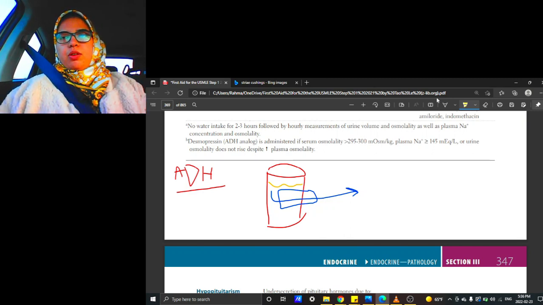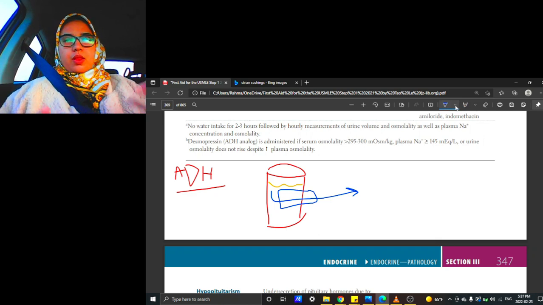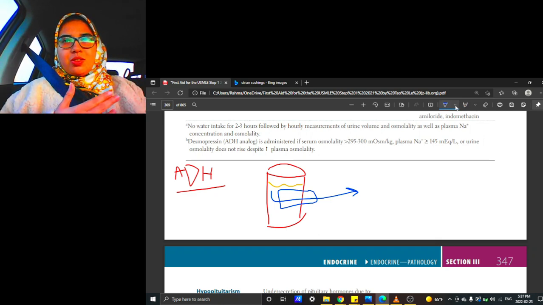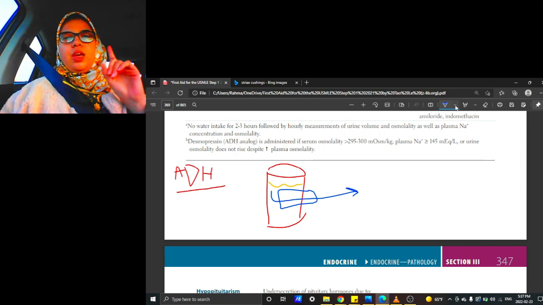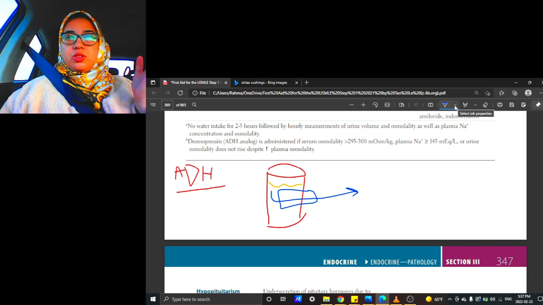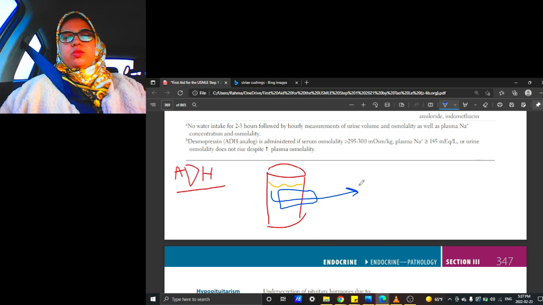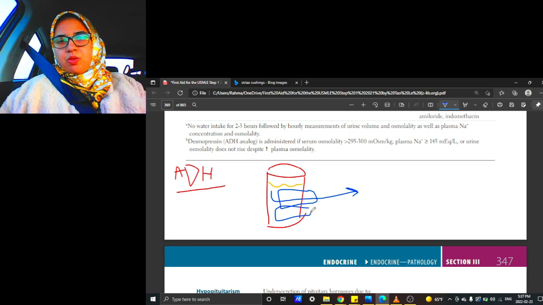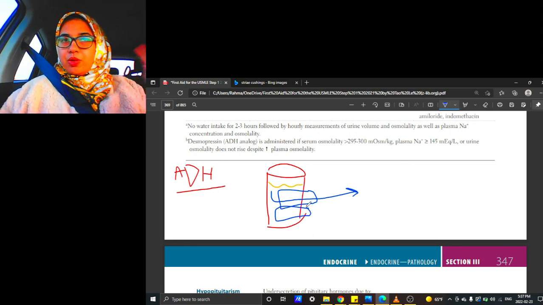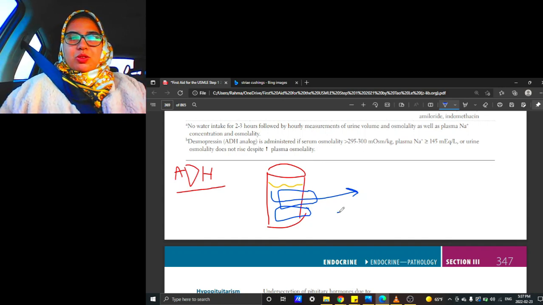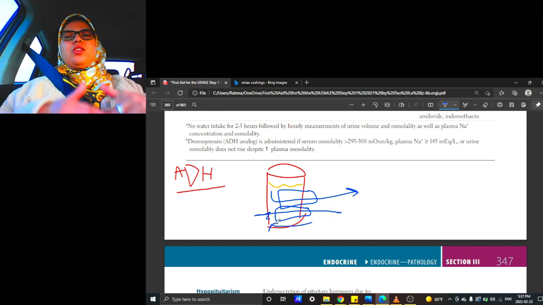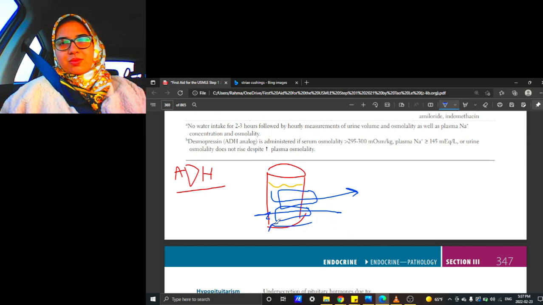But this increase in volume is going to be sensed by the heart, and the heart is going to secrete ANP and BNP, and these cause natriuresis, which is get sodium out of here. We do know one thing when it comes to sodium: wherever sodium goes, water follows. So the sodium goes here, and with it, you're also going to get water. So you're going to have euvolemia and hyponatremia.